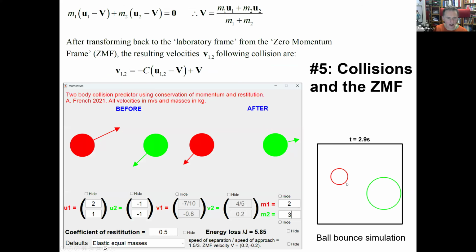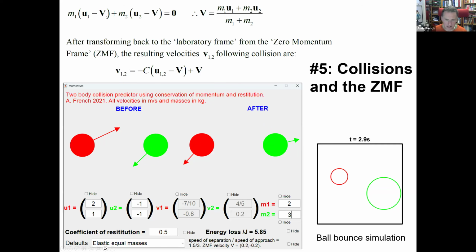All right. Okay. So this is an example of an app. It's a bit more complicated than just making a small bit of code, because you're building a graphical user interface. This is a situation where we're looking at collisions in 1 or 2 dimensions. You saw the little demonstration earlier, and the physics of this is beautiful. You use something called the zero momentum frame, where before and after have total zero momentum, and you can work out what that velocity is.